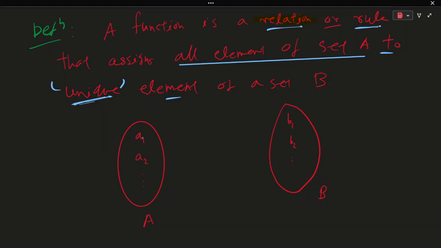That means this is an element of A. It relates with these elements, and if A relates with B1, so it cannot relate with any other elements. The definition of function is called that.